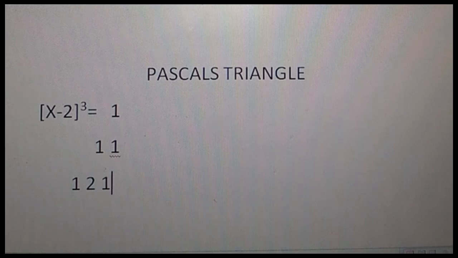Let's move down. We put 1 first, and then 1 plus 2 is 3, and 2 plus 1 is the same, 3, and then 1 plus 0 is 1, so at the end we have 1.